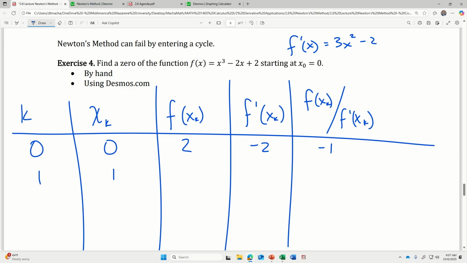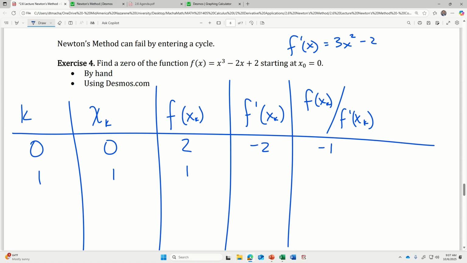Now, we have to take this function evaluated at 1, which is going to be 1 cubed minus 2 times 1 plus 2. So that's 1 minus 2 plus 2, which is 1.